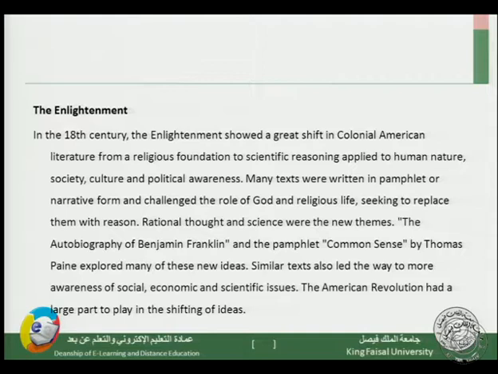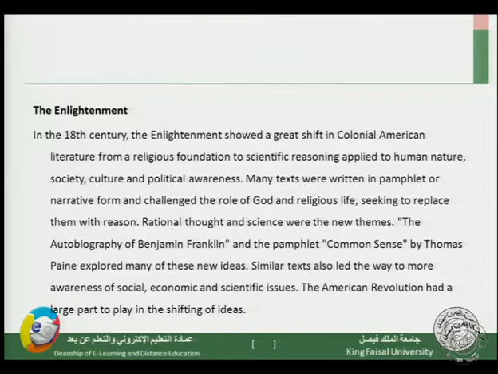And then the pamphlet of Thomas Paine that is called Common Sense. Okay, are examples of new ideas that reflect the ideas and the thoughts of the people of the Enlightenment movement.